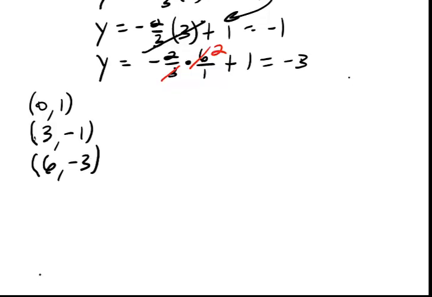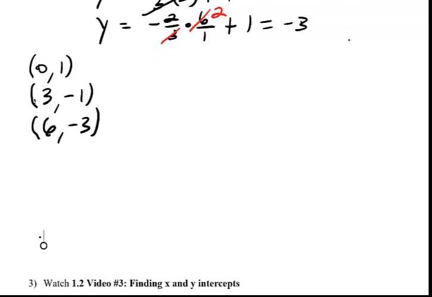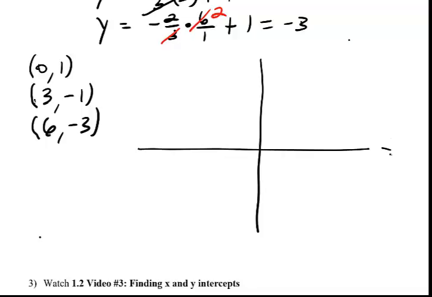To draw the graph of this linear function, we need to make ourselves a set of axes. I'll label the axes, the x-axis and the y-axis. And then I'll need a little bit of scale.